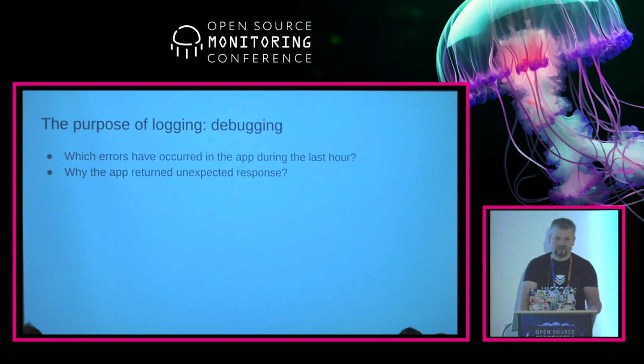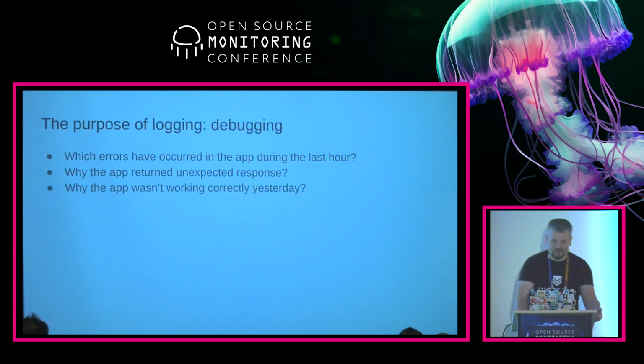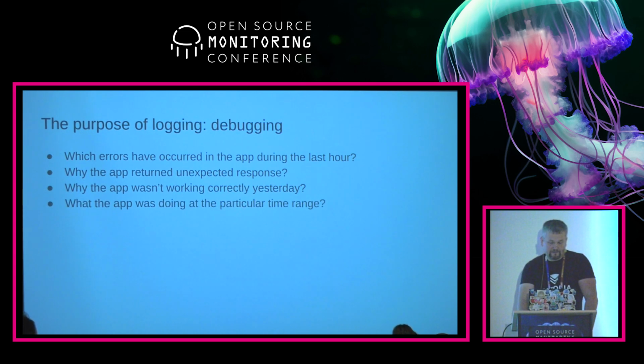You can debug why the application returns some unexpected response for some request. You can debug why the application wasn't working for some period of time. And you can also debug what the application was doing at some period of time. It's some kind of tracing. But by the way, I think that tracing is also a subset of logging.